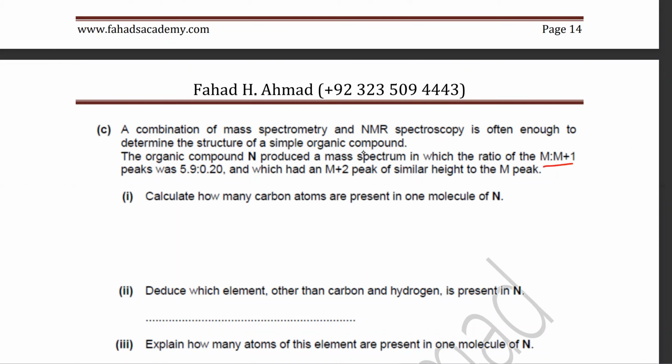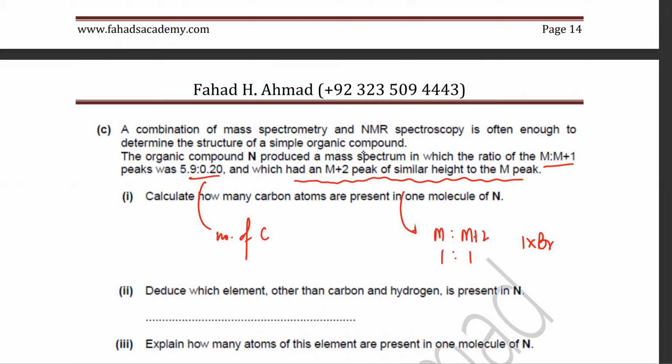The m+1 is given, so you can do the math, number of carbon atoms, right? And it says which had an m+2 peak of similar height to the M peak. So that means the M and the M+2 peak had similar heights, 1:1. So what does that mean? It's got one bromine. Is that clear?